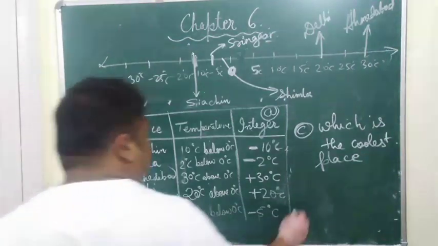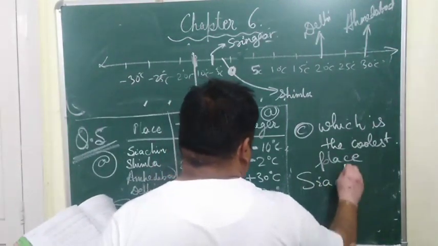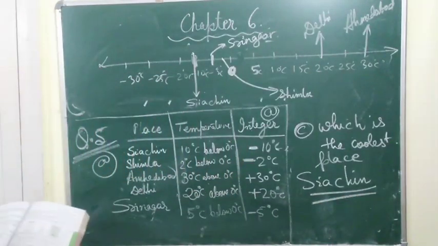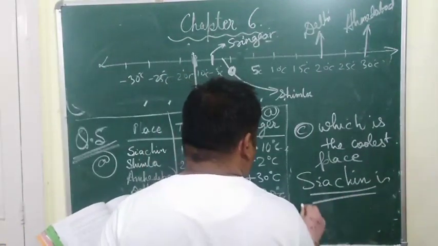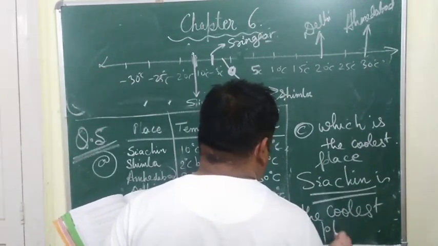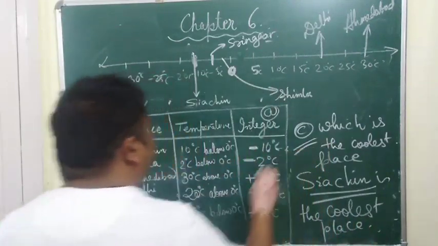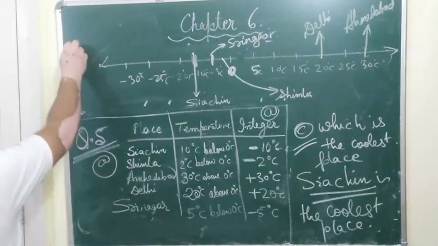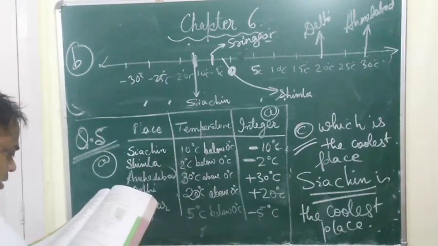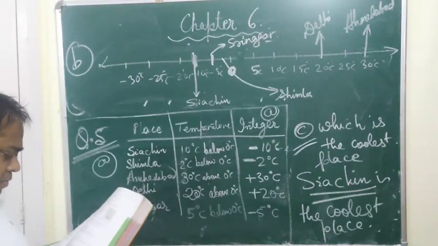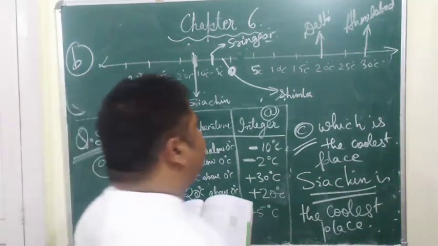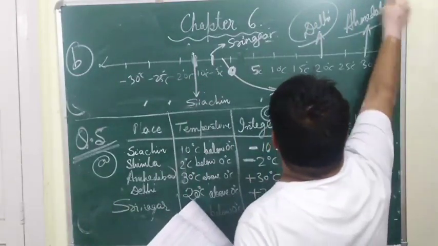So Siachen is the coolest place. This was A, this was B, that is C. Now question number D. Write the name of the places where temperatures are above 10 degrees C. So temperatures are above 10 degrees C for Delhi and Ahmedabad.